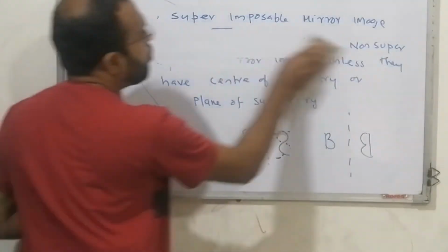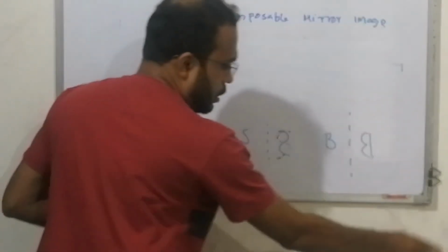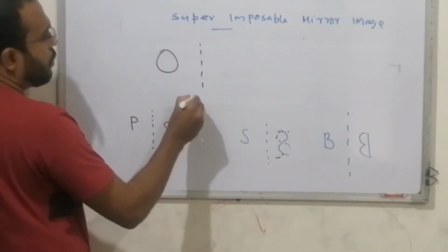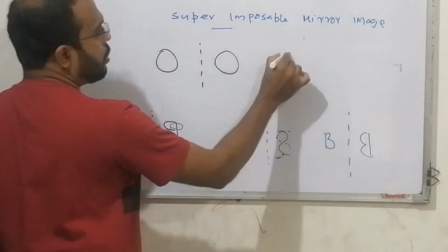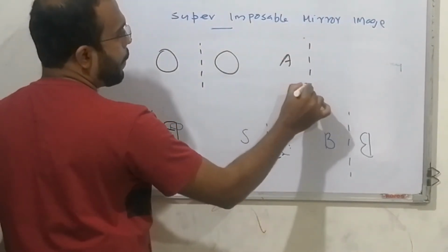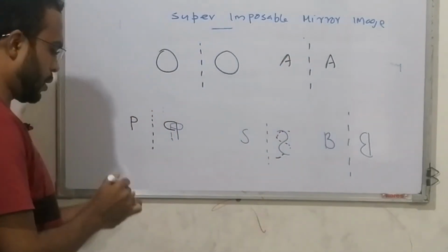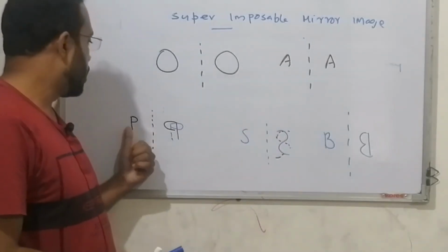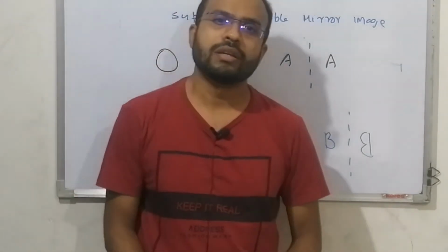I will tell you some examples of superimposable mirror images. Suppose you take O. This is a mirror. This is also O. You pick the O, superimposable. You have an A. You just pick this, superimposable. Therefore, these are the superimposable images, but P, S, B are non-superimposable.